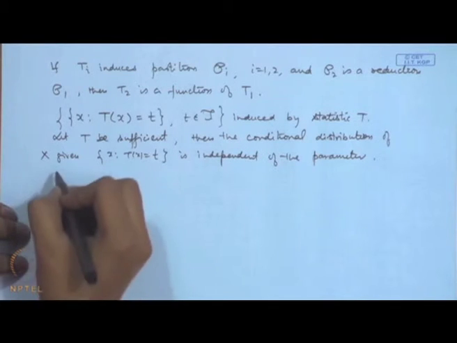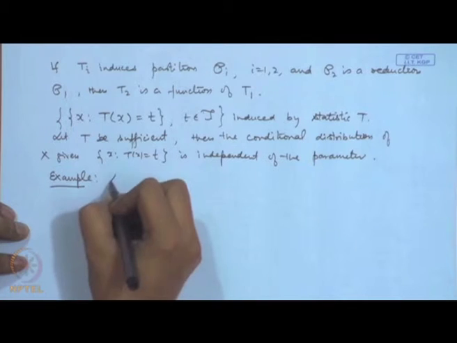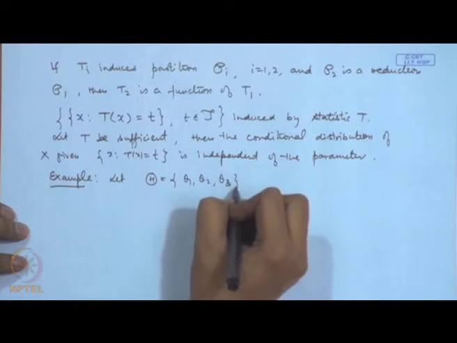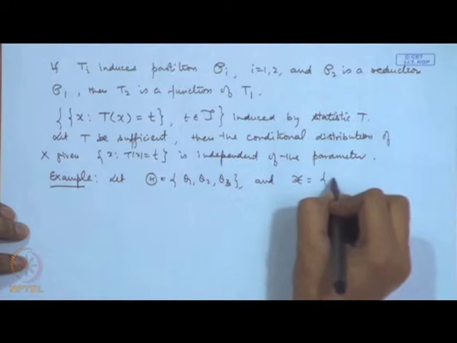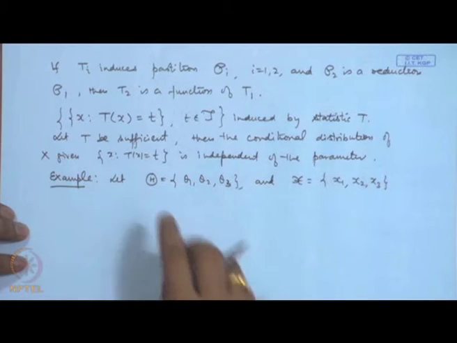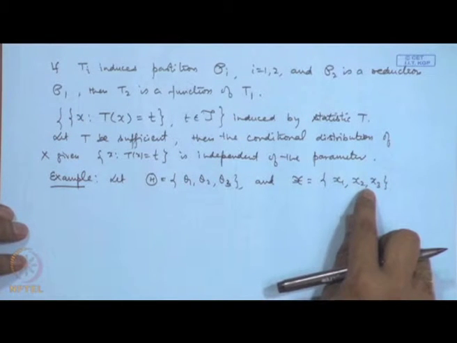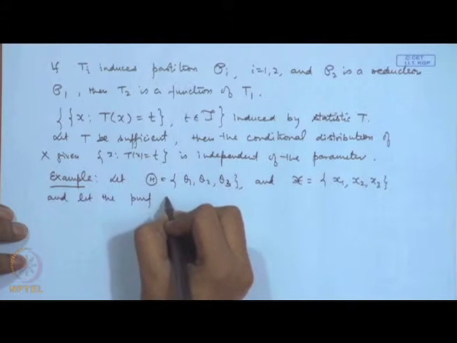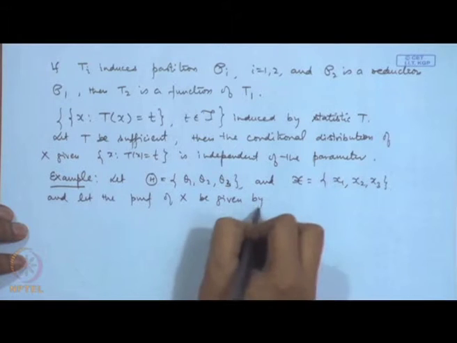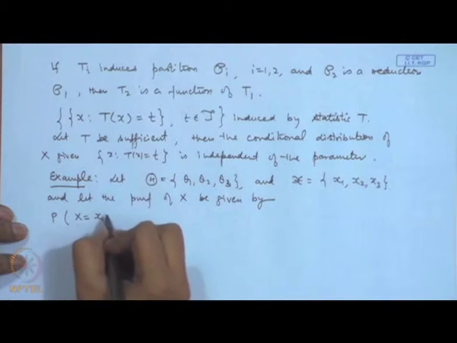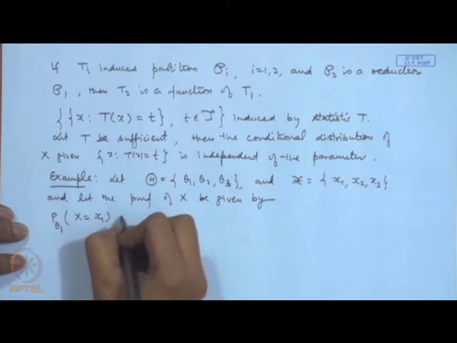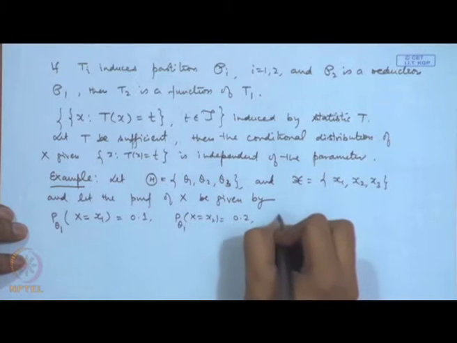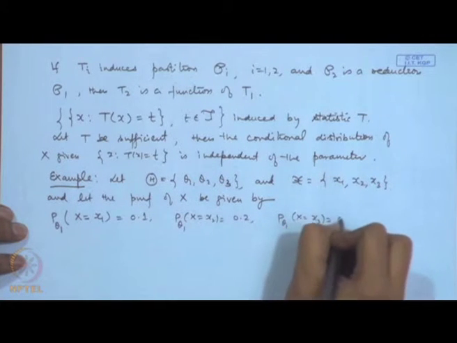So, let me take one example. Let the parameter space consist of say 3 points theta 1, theta 2, theta 3, and let us consider the variable space consisting of 3 points x1, x2, x3, and let the probability mass function of x be given by: probability x equal to x1, when theta is equal to theta 1, is 0.1, probability x equal to x2 is say 0.2, probability x equal to x3 is say 0.7.